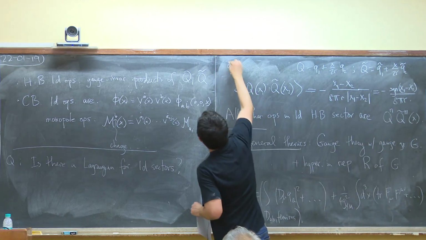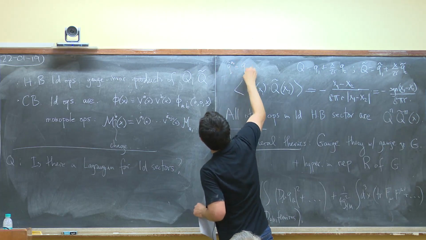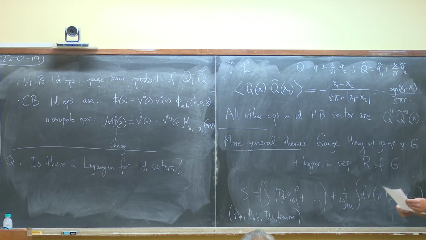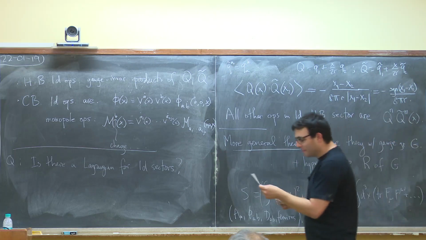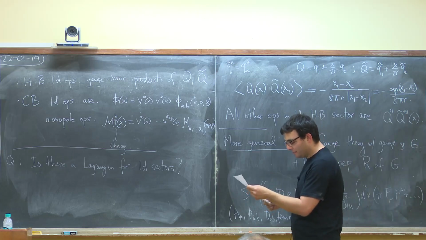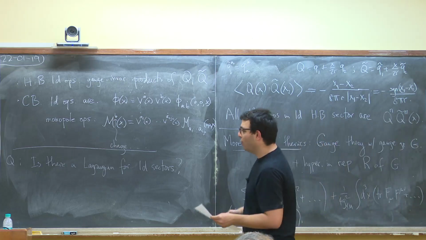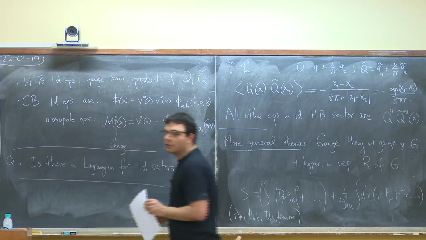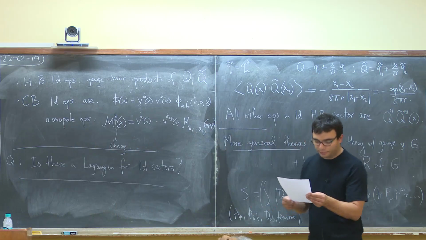Yeah, that's right. Q tilde A is QA conjugate. Yeah, okay, good. Thank you. Okay. So the question is, is there a Lagrangian for just the 1D sector by itself?